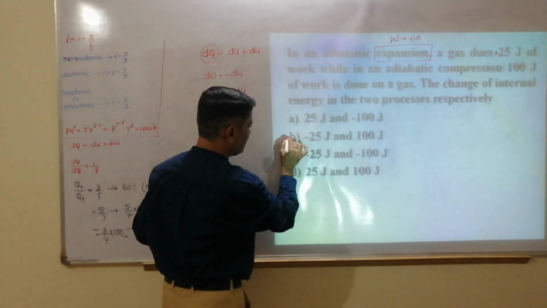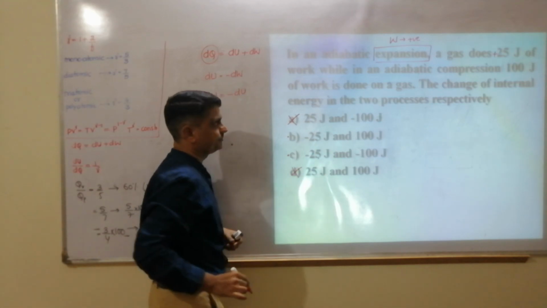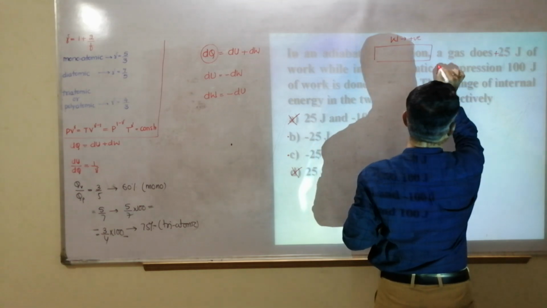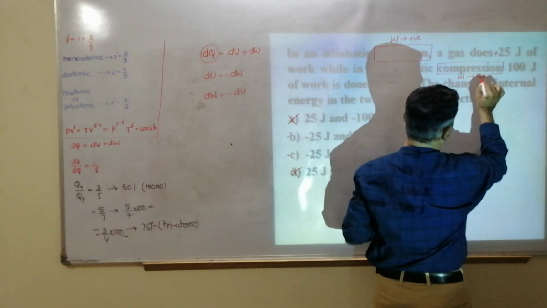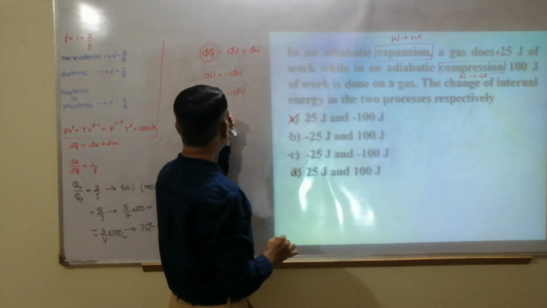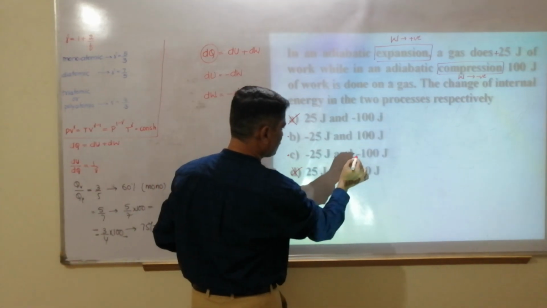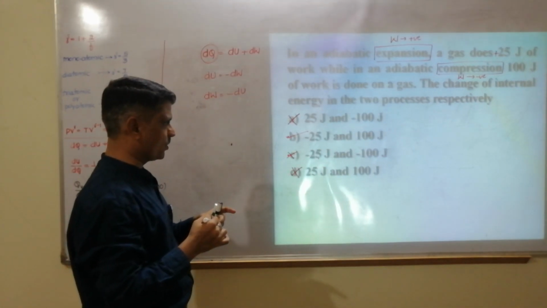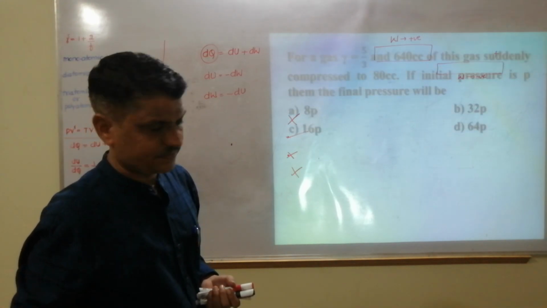Therefore, answer is either B or C. This and this are cancelled. And for compression, work done is negative. When work done is negative, internal energy is positive. So since this is negative, it is not possible. Only possibility is second option. Right? Next.